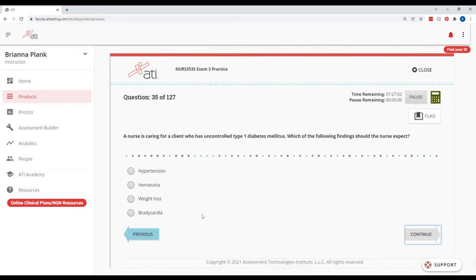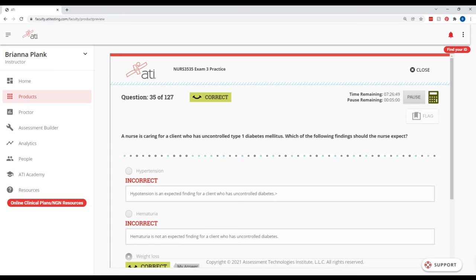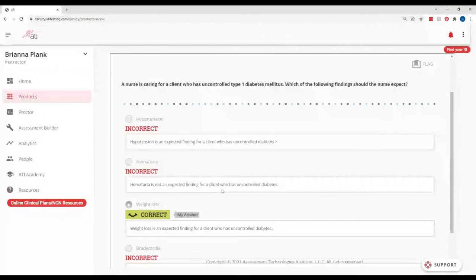Okay, our patient has uncontrolled diabetes. What are we going to expect to find? Vote for C. Okay, let's see. So weight loss.